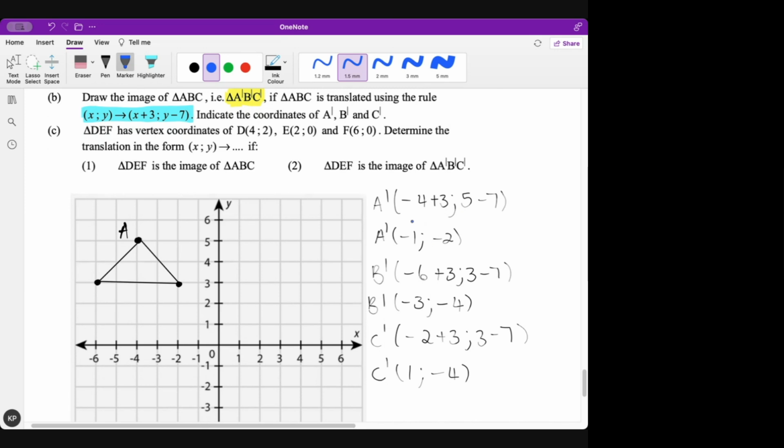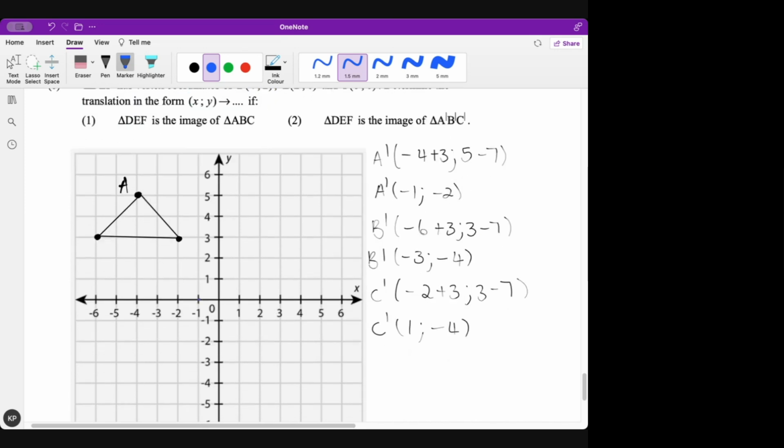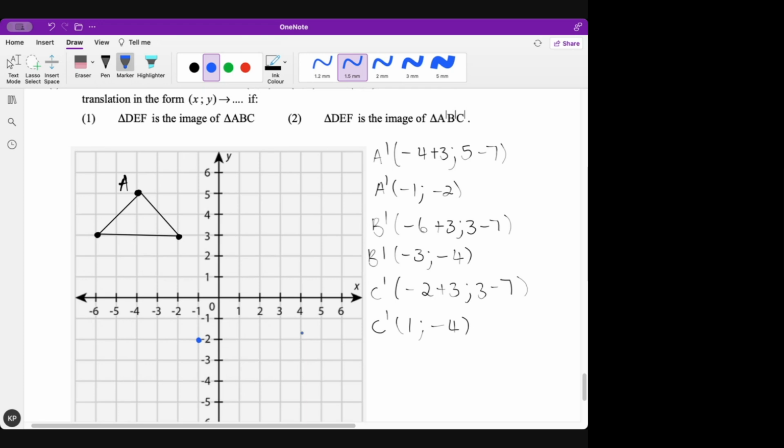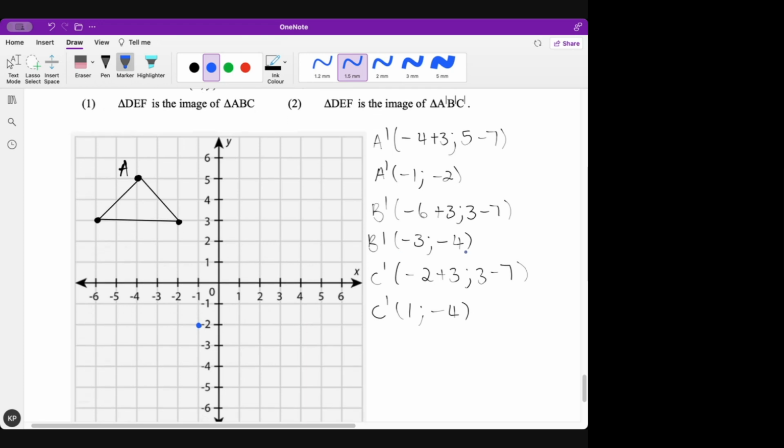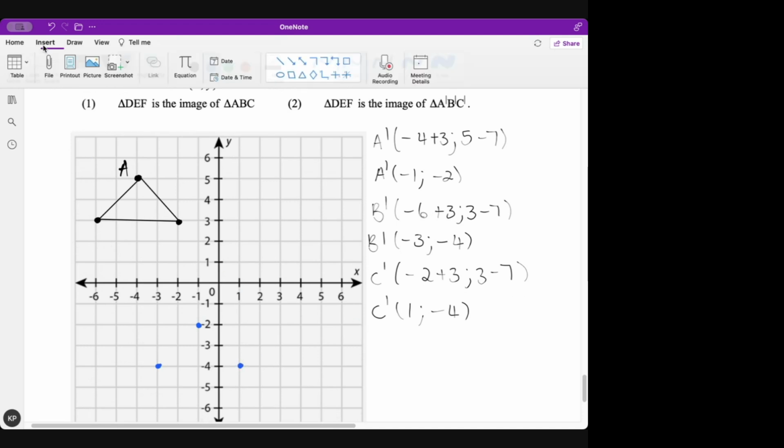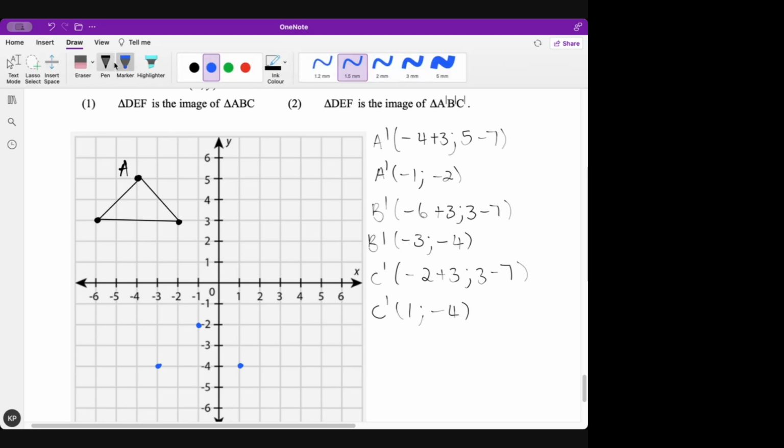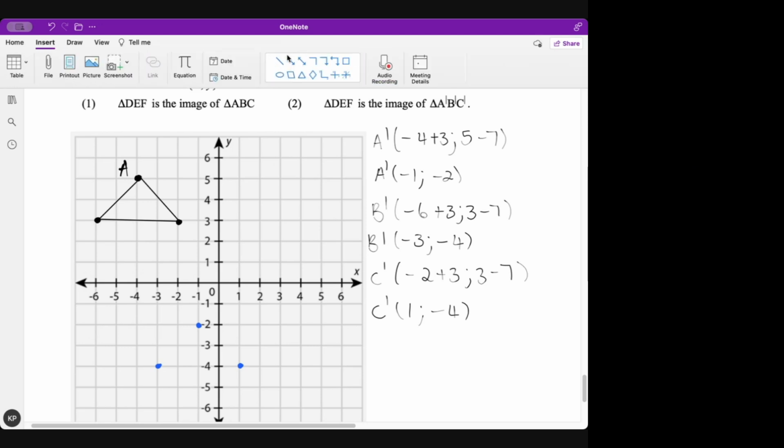So -1, -2, that's the first one there. -3, -4, that's over there. And 1 with -4 is all the way over there. If you trust yourself with counting and you want to take those points and count all of them, that's fine.